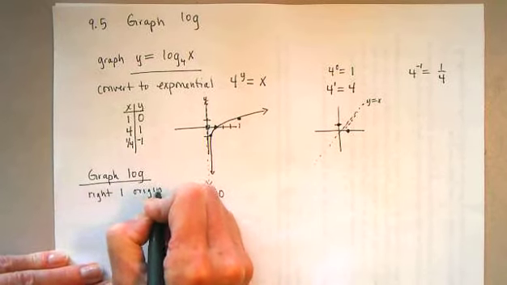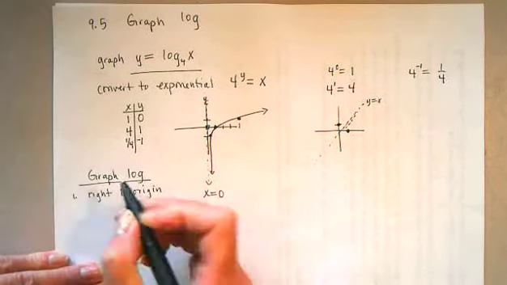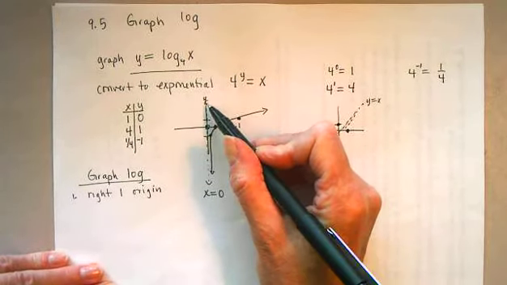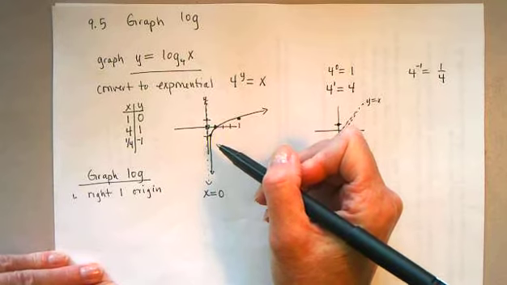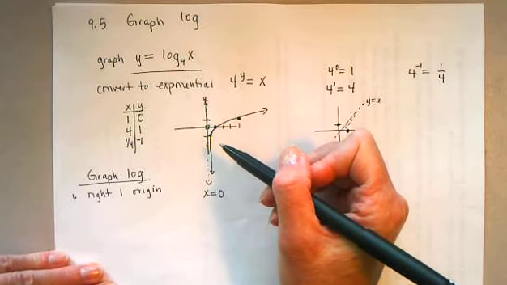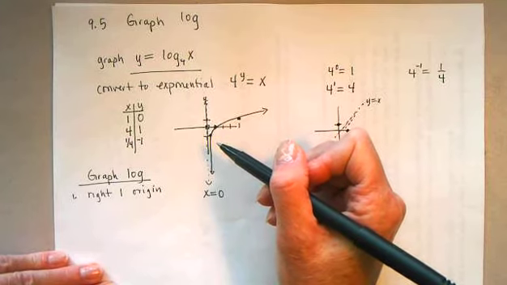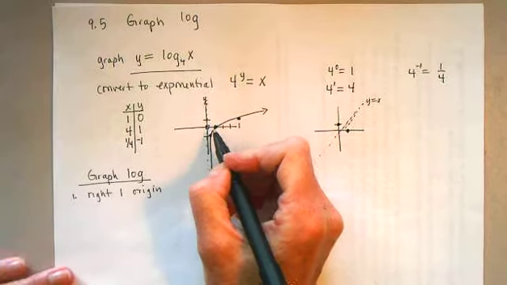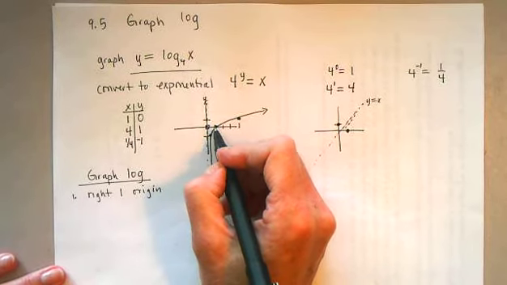Now, just like exponential functions, you can shift your origin. So your box might be up or over. However, I think that in 1010, in 1000, they're pretty nice and they don't shift your logs yet. So we'll always go right 1 from our origin. And if it's shifted, go from your shifted origin.